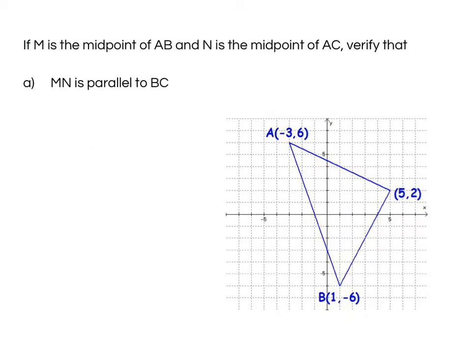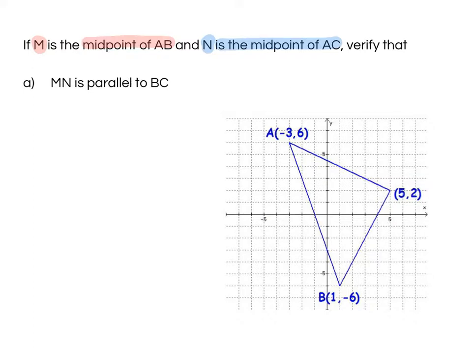So now here is the question. If M is the midpoint of AB, and N is the midpoint of AC, verify that MN is parallel to BC. Okay, so we have a number of things to do here.